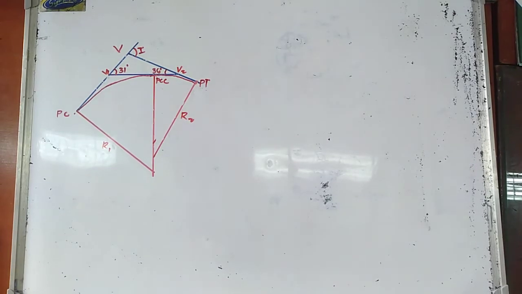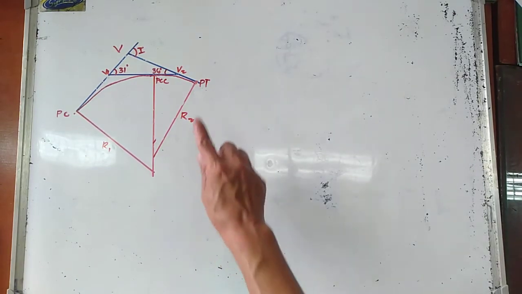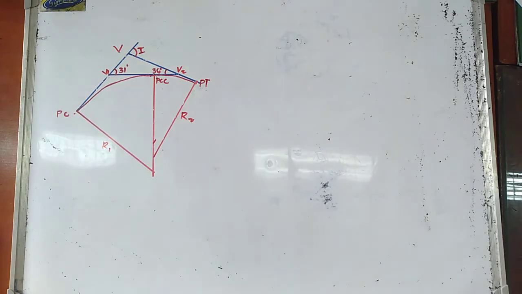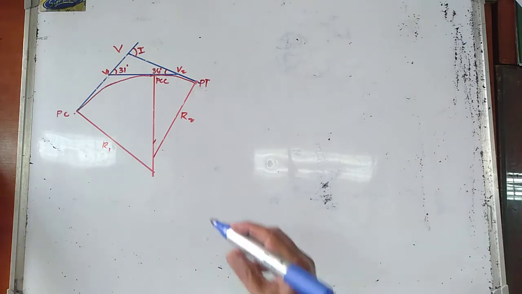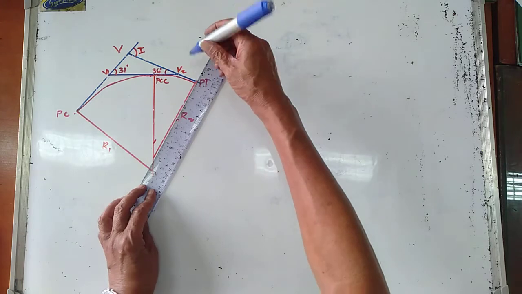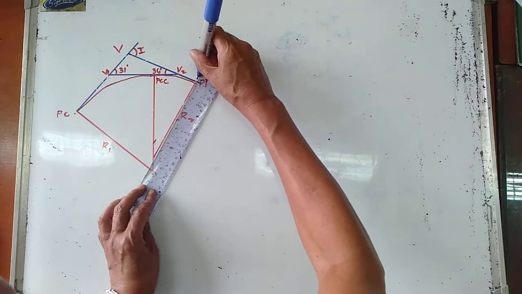So for letter B, if the PT is moved 15.24 meters out, compute station of the new PT with the PCC on the same point. Okay, so let us try to move PT 15.24 meters out.